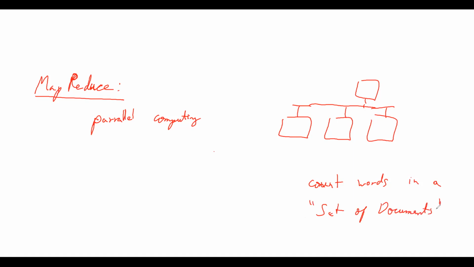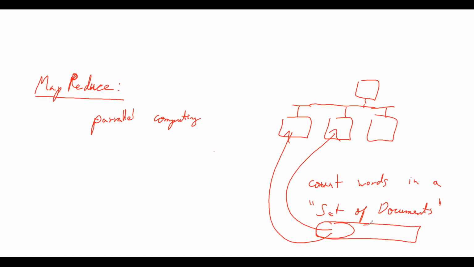Okay, so you're going to count the number of words. But what you can do is, let's say these are the documents. You can send a part of them here, part of them there, another part here, and so on, right? And we talked about that already. And then Hadoop itself would do this in parallel. So this is your project A, of course.